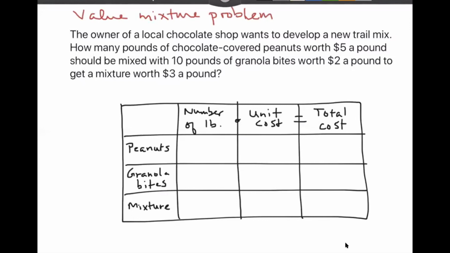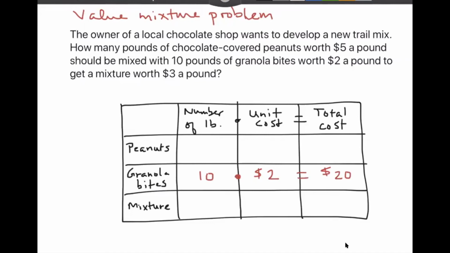We know there are 10 pounds of them, and we know the unit cost is $2 a pound. So if you've got 10 pounds of something that's worth $2 a pound, then you know the total value of that thing, which would be $20. If you went to the store and asked for 10 pounds of granola bites, it would cost you $20.